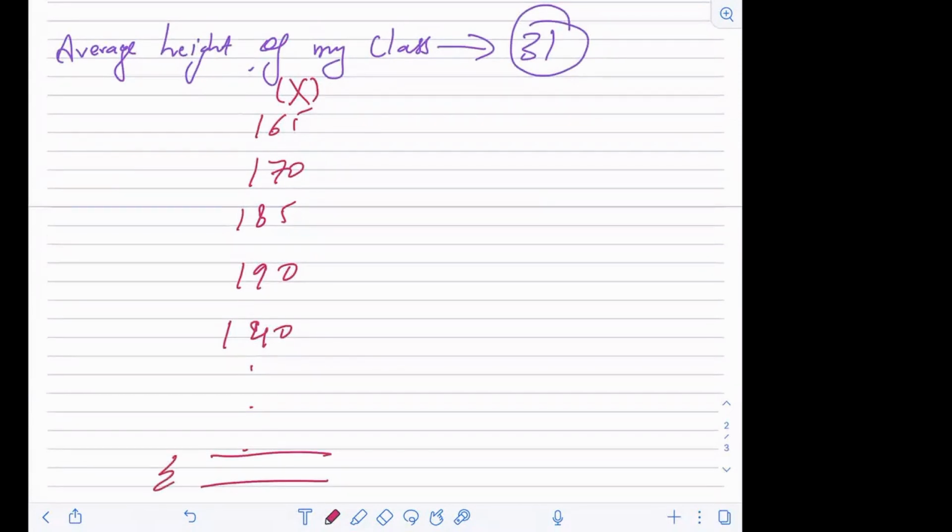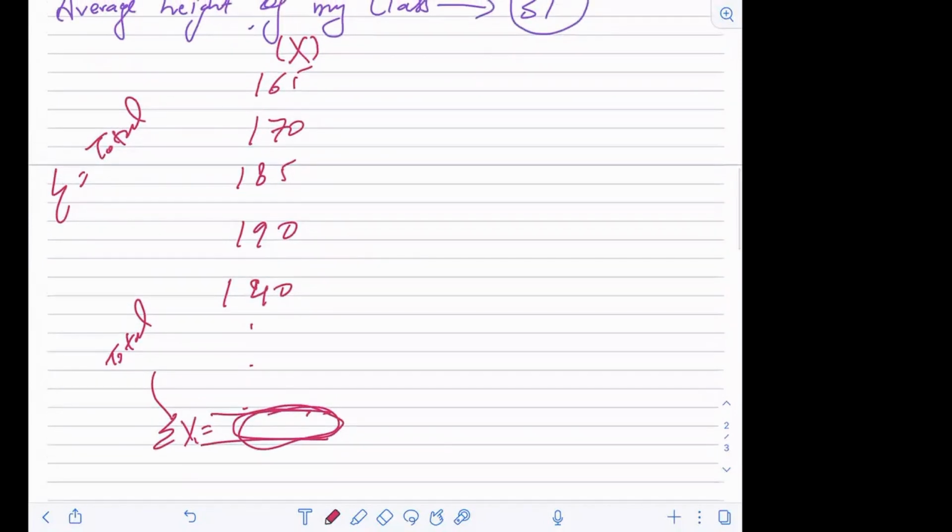Simply when we do the total, it is called sigma. Sigma means total in mathematics. So how are we going to use sigma? This is our total. So we call it sigma x, which is the number we get, divided by n. N means number of observations.